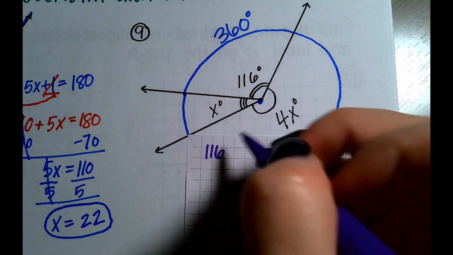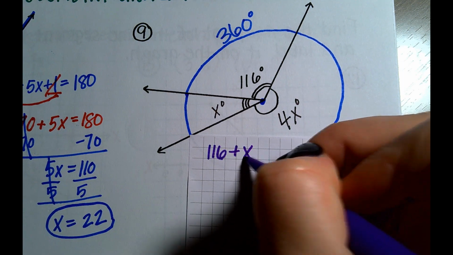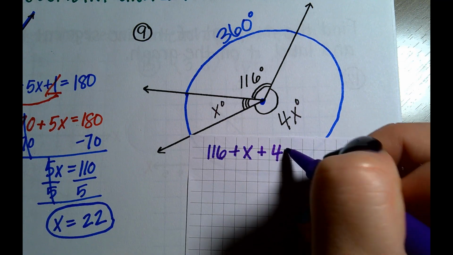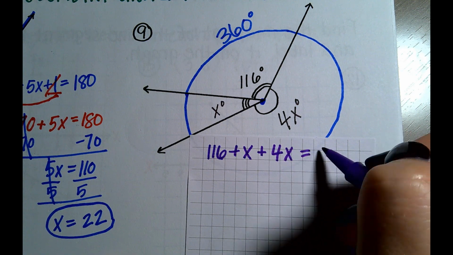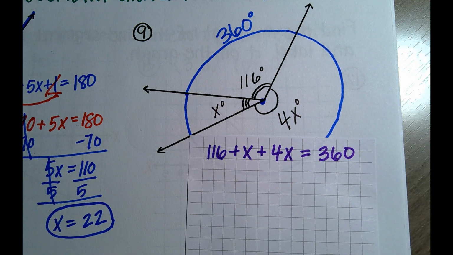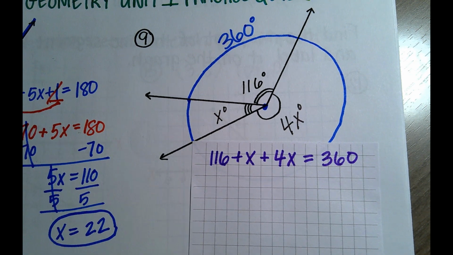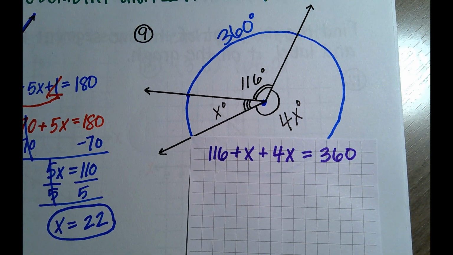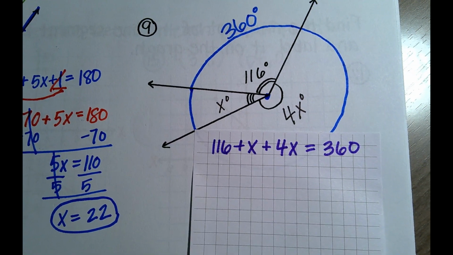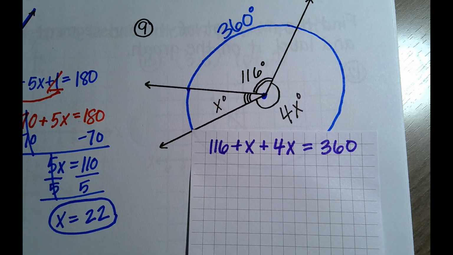You could do 116 plus x plus 4x equals 360. You could also do x plus 4x plus 116. You could do 4x plus x plus 116. When you're adding, you can switch those things that you're adding and put them in any order. It won't make a difference. Okay? Now what?